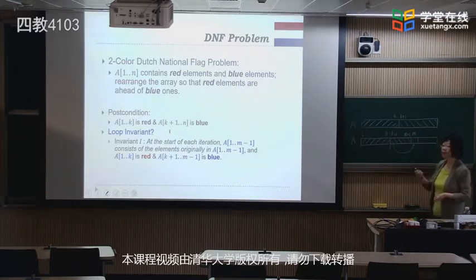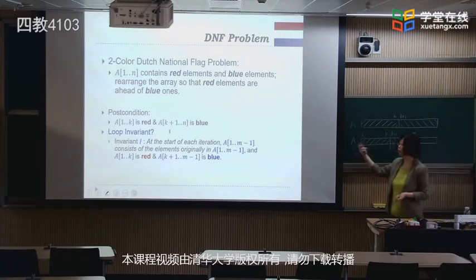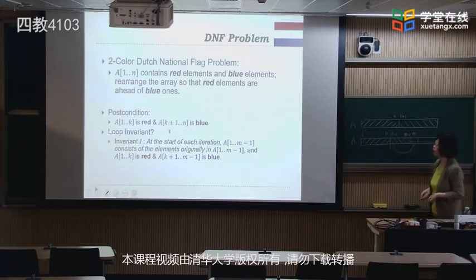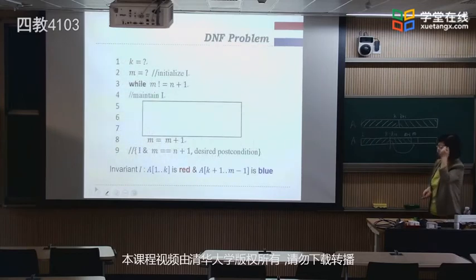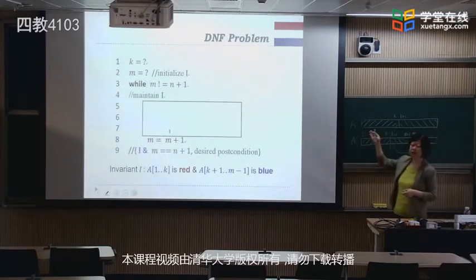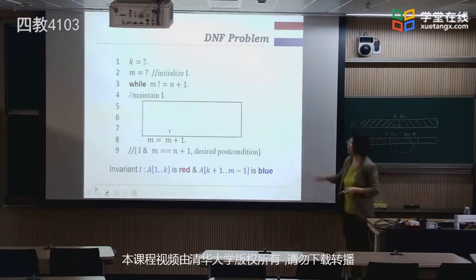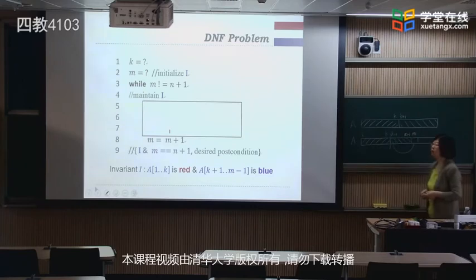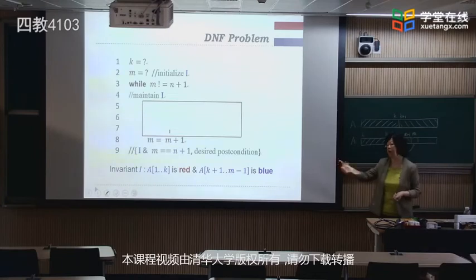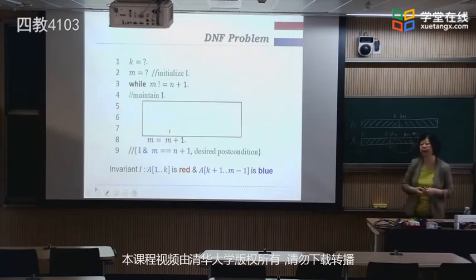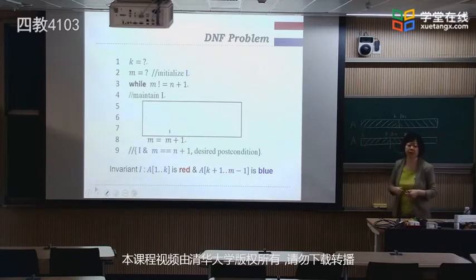Okay? Now, let's actually write the pseudocode to implement this loop invariant. Lines 1 and 2, we need to initialize k and m such that the initialization step of this invariant can be satisfied. Well, at the beginning, the red subarray A from 1 to k and the blue subarray A from k plus 1 to m minus 1, both of them should be empty because we don't know whether the first element is red or blue, so both of the subarrays should be empty.